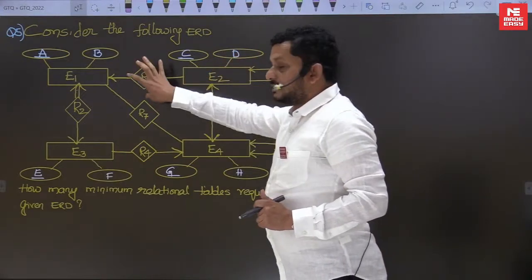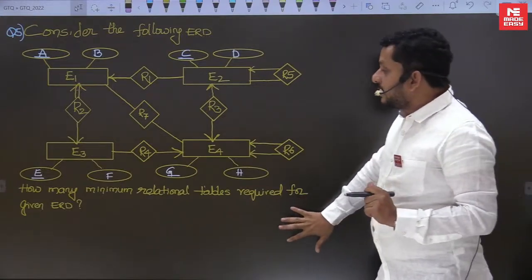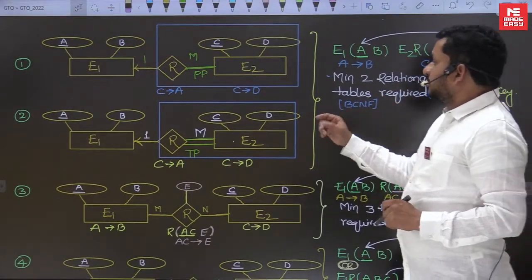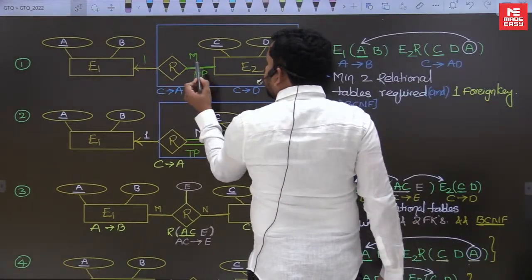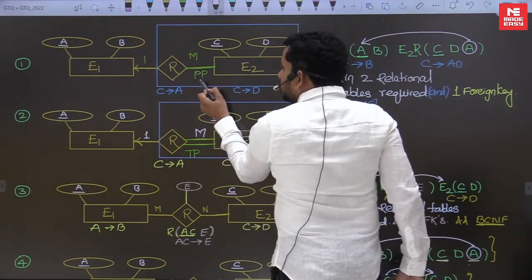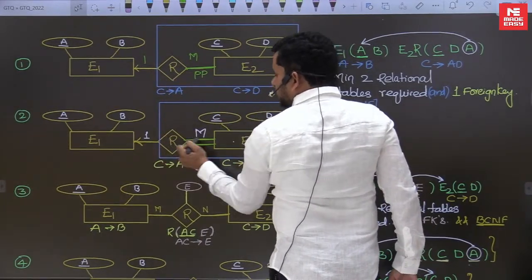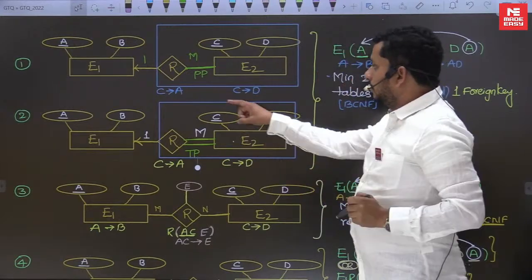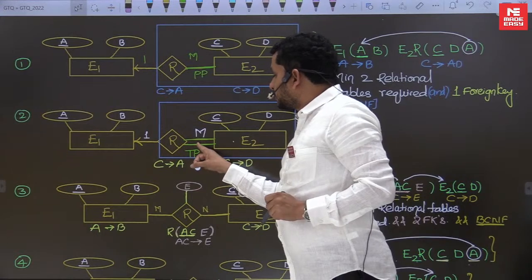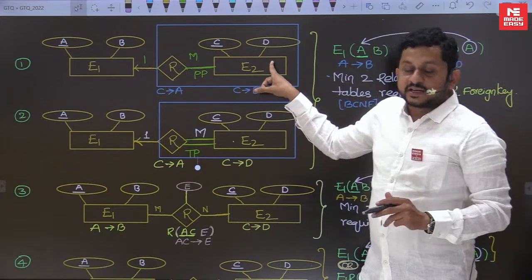I hope you remember how to minimize for a general ER diagram. We discussed 10 different rules, so just recollect them once. If it is one-to-many mapping, with either partial participation or total participation at the right side, the relationship can combine with the right side, the many side entity set.